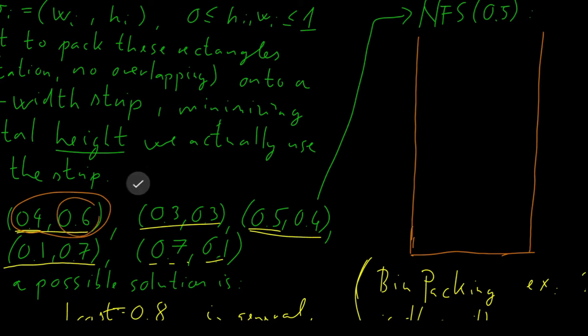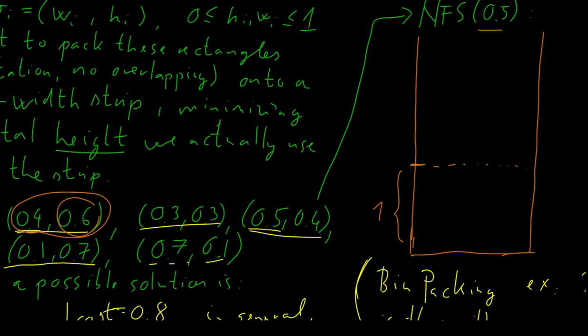Now a shelf of height 1 is fine, because this object fits onto a shelf of height 1, but it won't fit onto a shelf of 1/2. So that's why we are using a shelf of height 1 for this particular object.